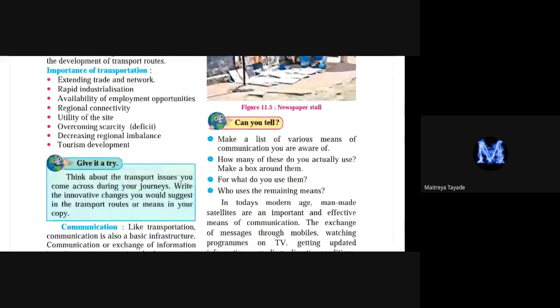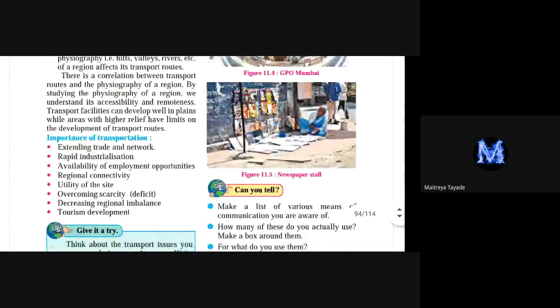Decreasing regional imbalance: if one region is highly urbanized and another is not, a good transport network between the two regions decreases that imbalance. Tourism development is also there. So friends, these are some importance of transportation.